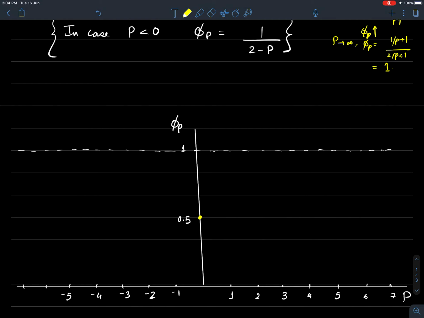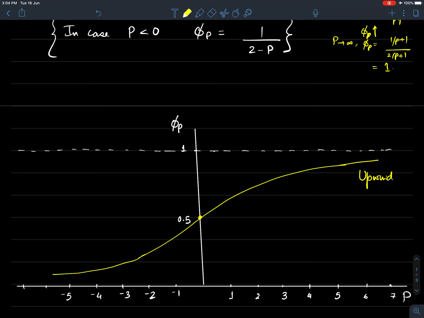So this will be the upwind scheme. This is how phi P will change with Peclet number.